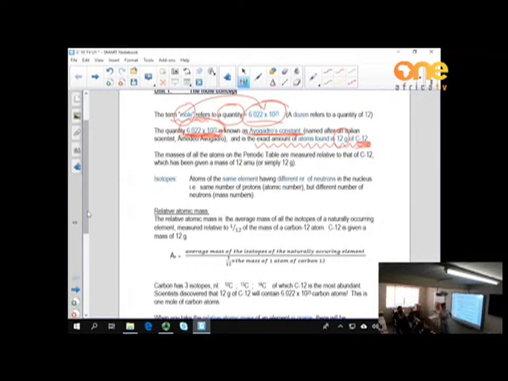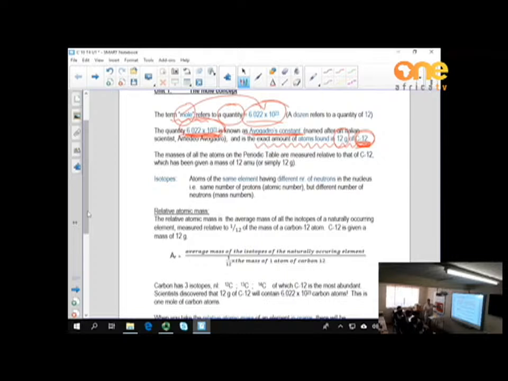So, Avogadro's constant is: if I have the mass number in grams of an element, I have 6,02 times 10 to the power 23 particles of that element. So if I look on the periodic table, let's say phosphorus is element number 15.